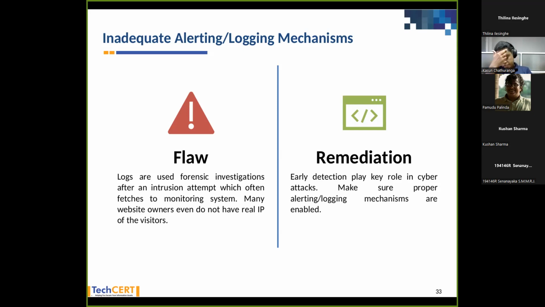But in many cases, I have seen that due to bad configuration, the logs only have the IP addresses of the gateway or load balancer, or sometimes web server, or even in some cases localhost. Those are very unfortunate situations where it became very hard to track down what happened during the attack.